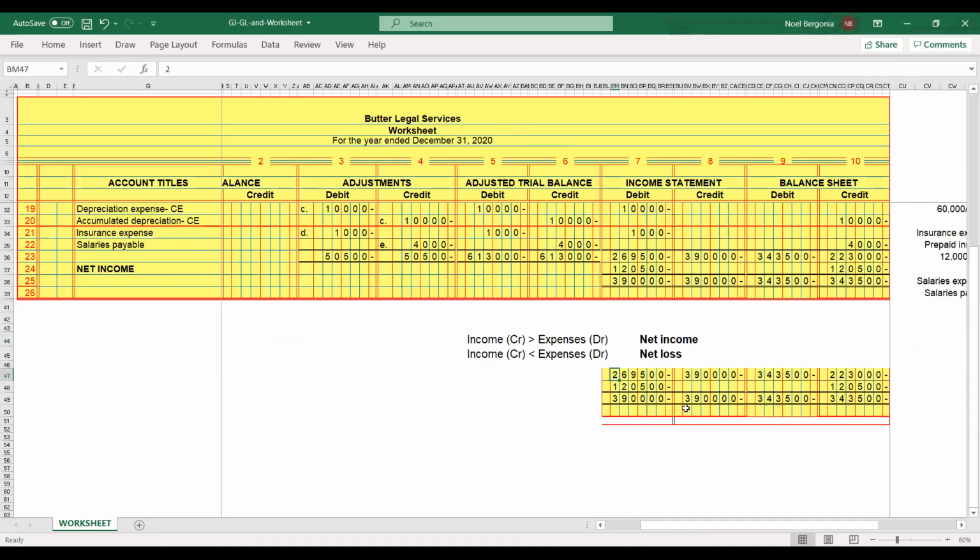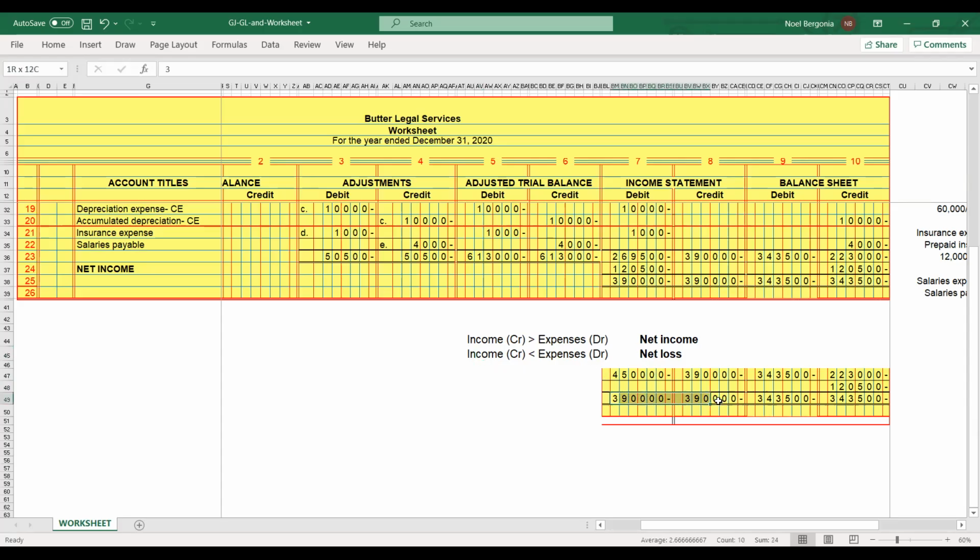Let's say for example, 450,000 yung nasa income statement debit side. And then, ang credit niya lang is 390,000. So, lumalabas that the income is less than the expense.